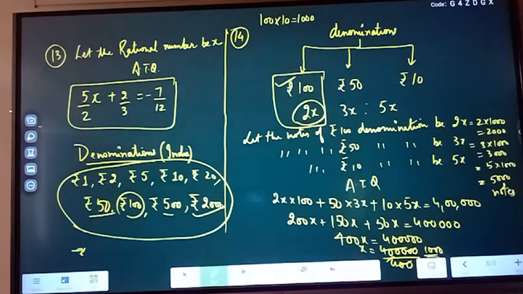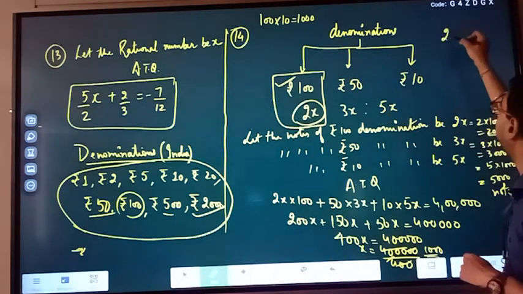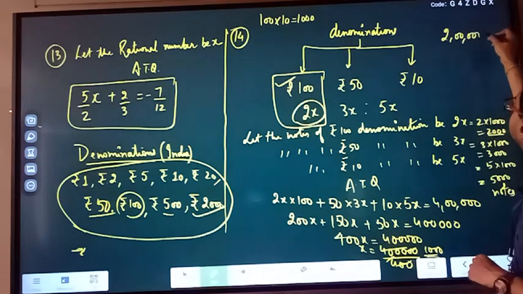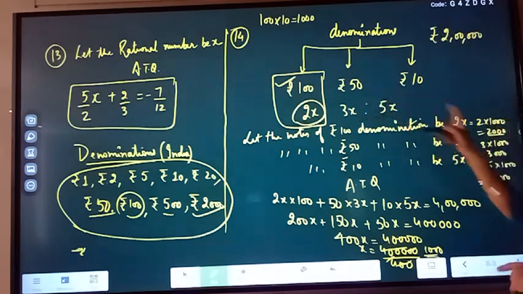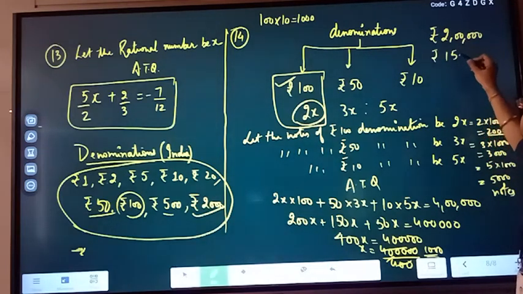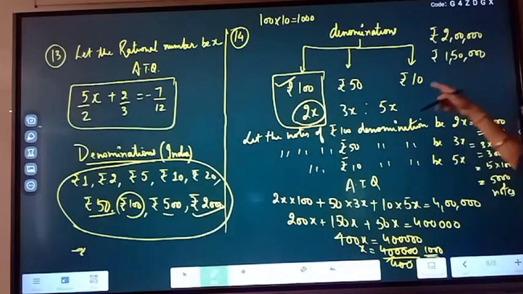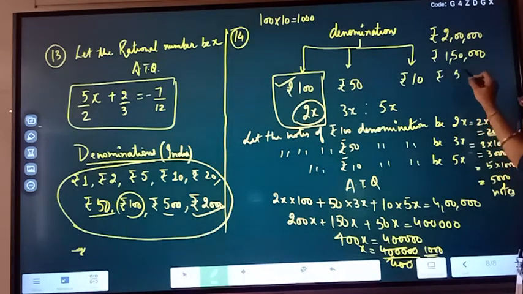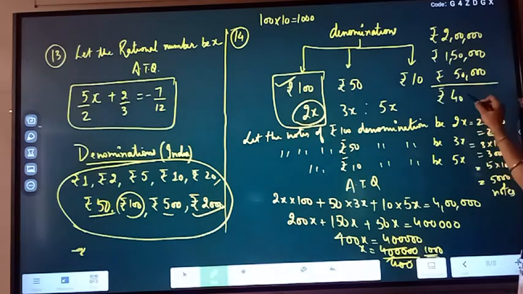Now just check. 2000 into 100, that's 2 lakh. 50 into 3000 notes, that's 1,50,000. 10 rupees into 5000 notes, that's 50,000. If you add up, you are getting 4 lakh rupees. Hence verified. Our answer is correct.